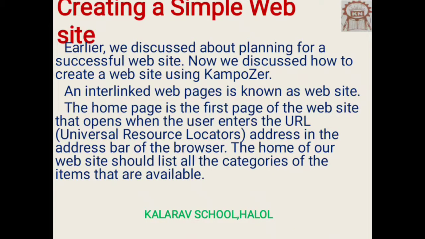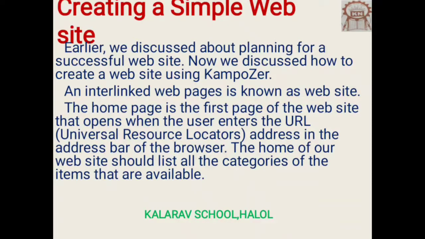But first we discuss the website. What is a website? A website is a collection of pages, meaning interlinked pages are known as a website. When the user enters the URL in the address bar of the browser, the first page of the site is displayed, that is called the home page, and all categories.